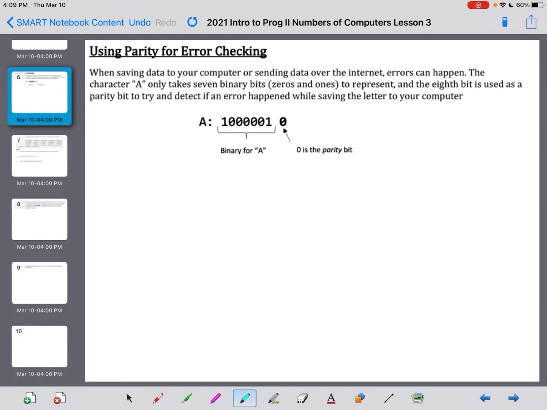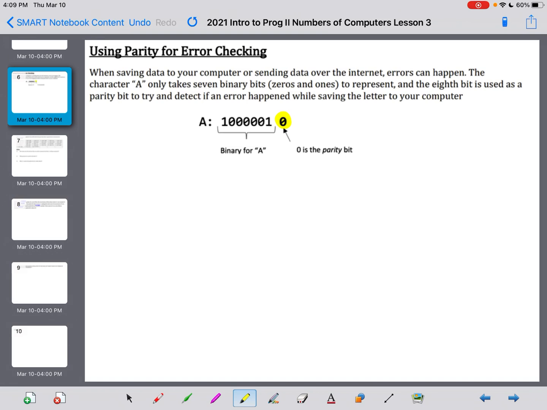So again, a parity bit is normally put on one end or the other, in this case the right end. And again, there's a system here based on the type of parity that it can use to see if the data is correct or if there's an error there.